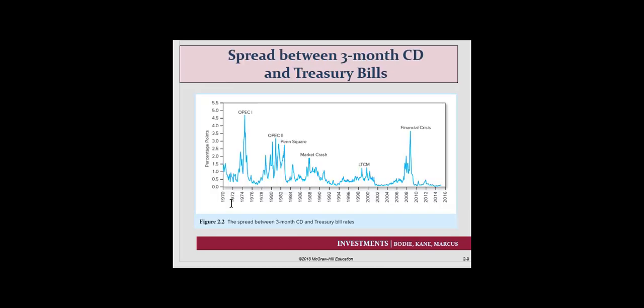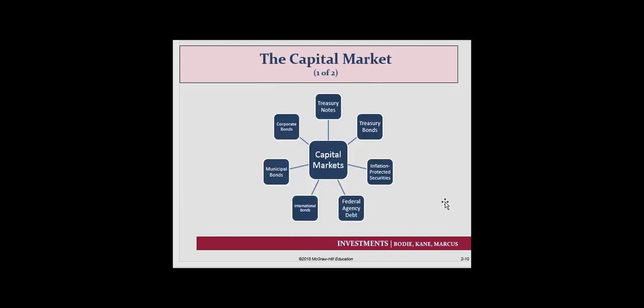So we have a picture here of the TED spread, and as you can see, where there were crises over the last 40 years or so, we had spikes in this TED rate. Currently, we can see that from 14, 15, 16, the TED spread is rather low, which is indicative of an economy that is currently not in great stress.